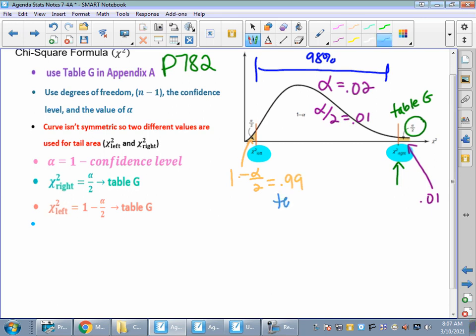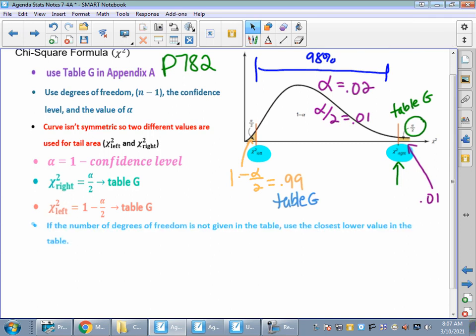That's the value that we take to table G. And if the number of degrees of freedom is not given in the table, use the lower value. Go to the next lower. I believe the table only goes up to 30, so if you've got a sample size of 35, you're just going to go down to 30. There isn't a lot of option there.